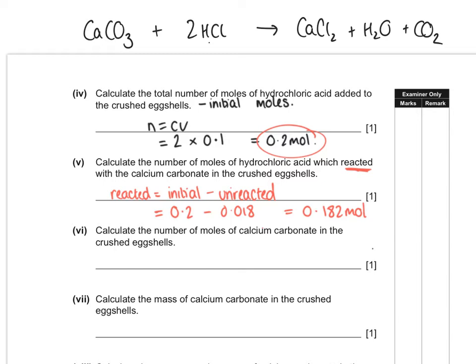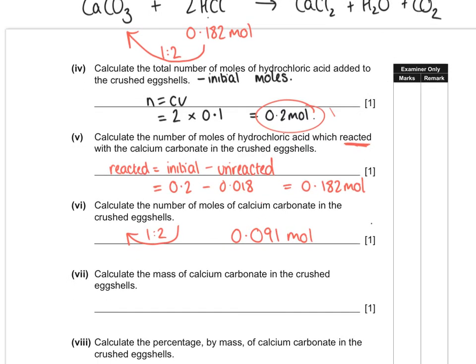So if I have worked out that there were 0.182 moles of hydrochloric acid reacted, I want to bring that over to my calcium carbonate. You can see I have a 1-to-2 ratio, and so I need to half the number of moles. So even just for here, you could do the working out as your ratio 1-to-2. So I'm going to divide by 2, and that gives me a total of 0.091 moles of calcium carbonate.